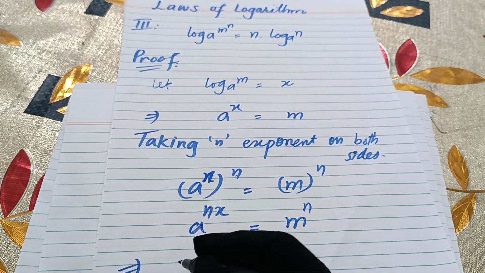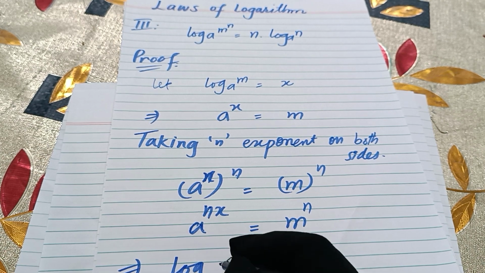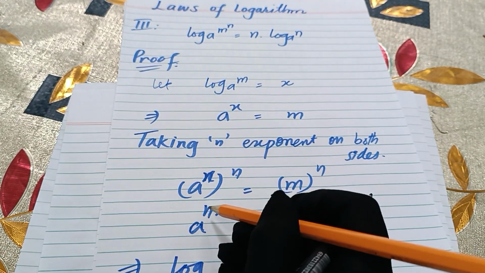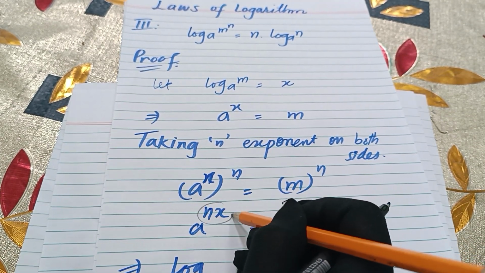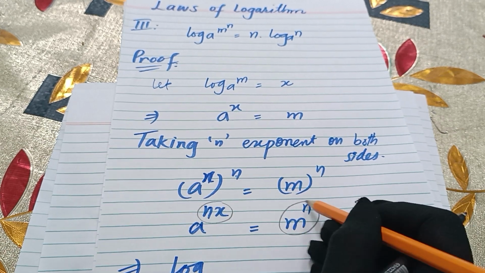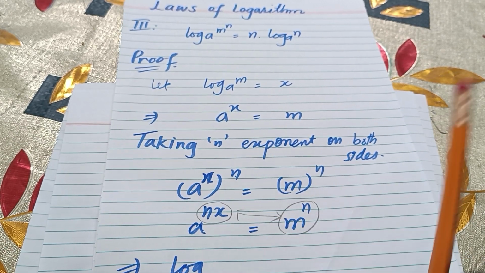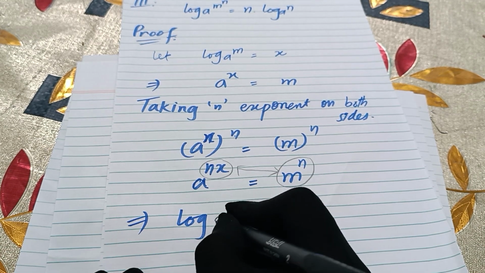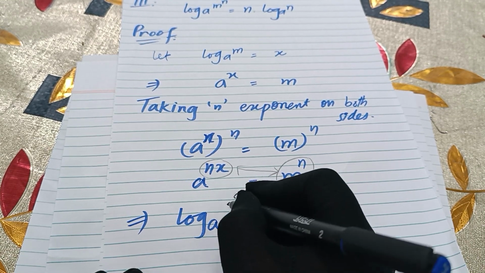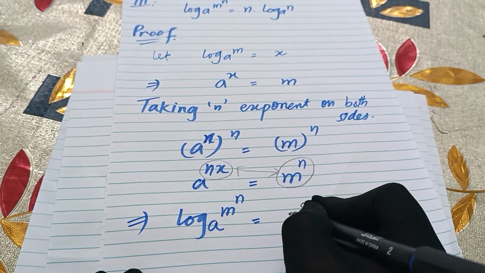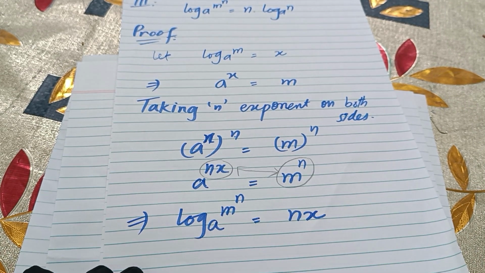From here, change it into the logarithm form again. Before changing to the logarithm form, you must check properly that these two complete numbers will exchange with each other. The base will remain in the same place, m^n will come here and nx will be written here.